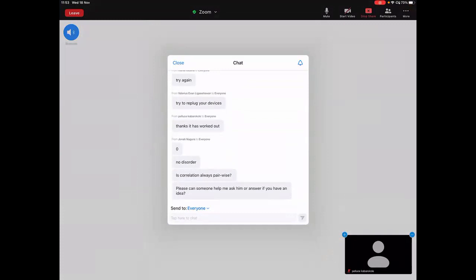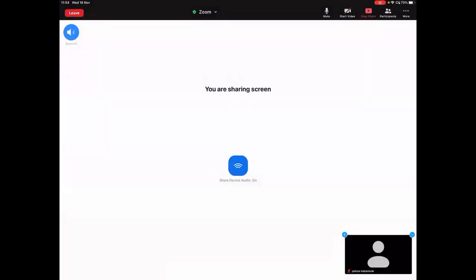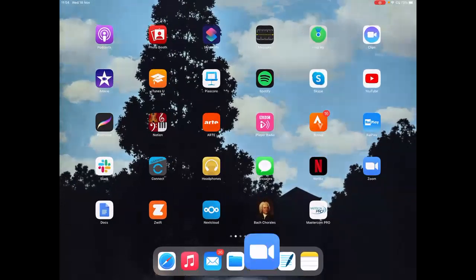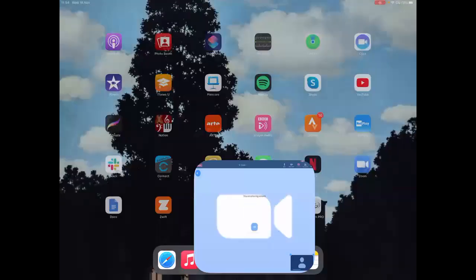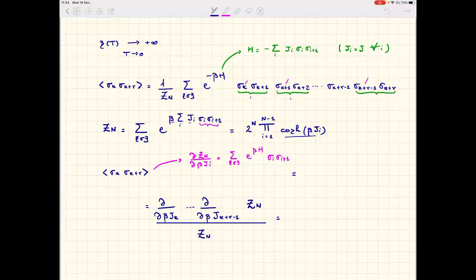With no disorder, are correlations always pairwise? Well, no. You can compute multi-point correlation functions. This is actually called the 2-point correlation function, but you can compute correlation functions of 3 spins: sigma i, sigma j, sigma k, or of 4 spins.